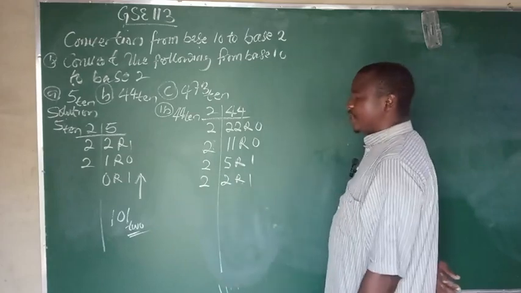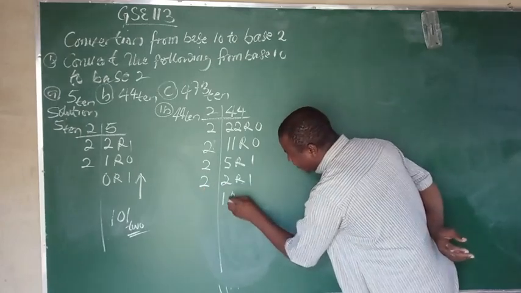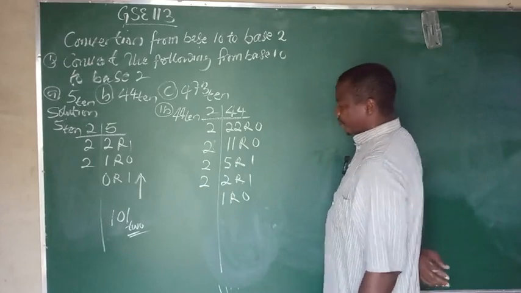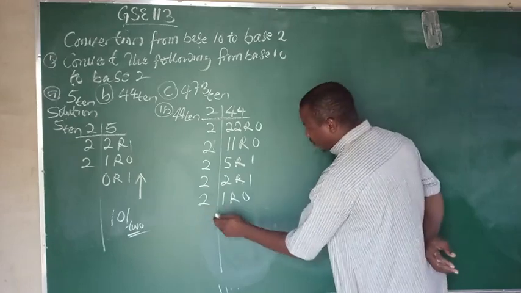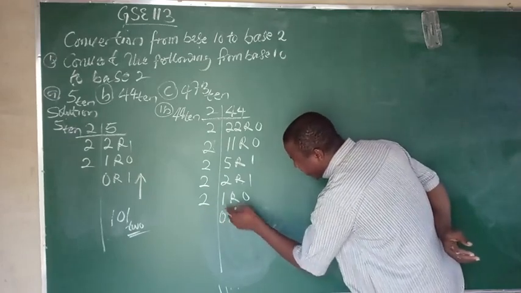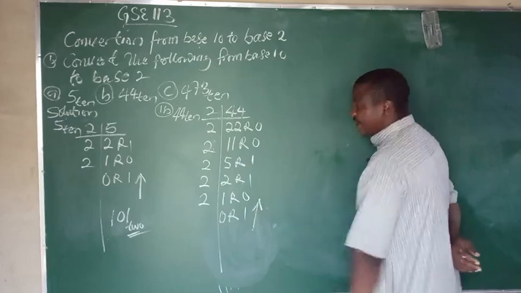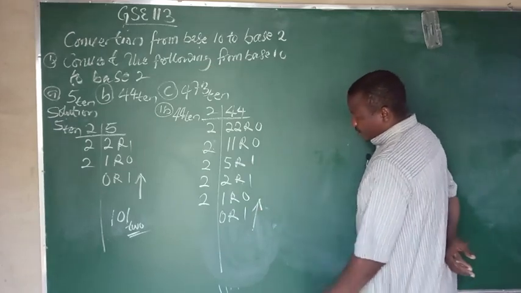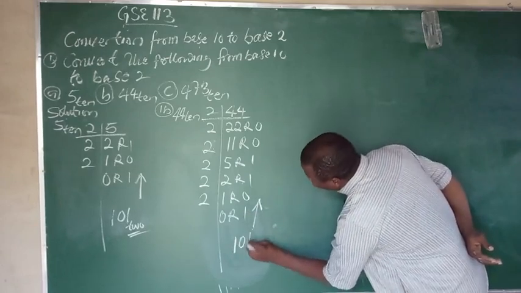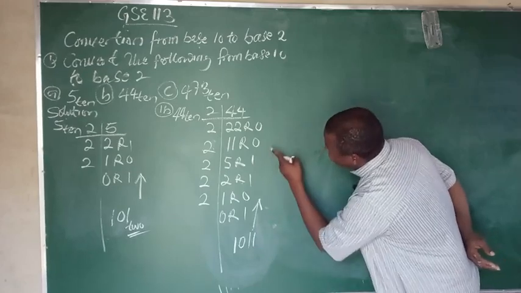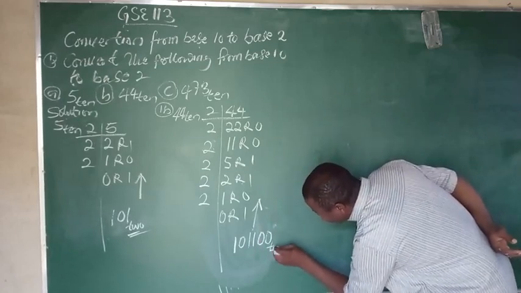That's why we call it repeated division. 2 into 2, it will go 1 time, remainder 0. Then the next stage also we divide by 2. 2 into 1, 0 times, remainder 1. What next is upward collection of the remainder. 1, 0, 1, 1, 0, 0, 0, 0 base 2.